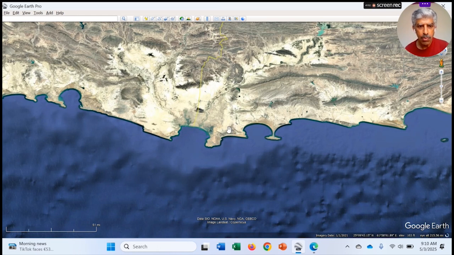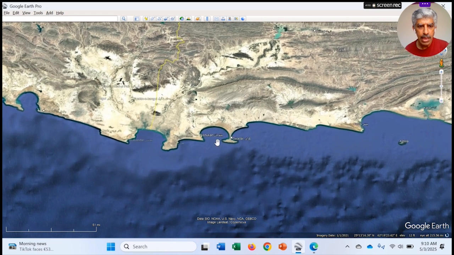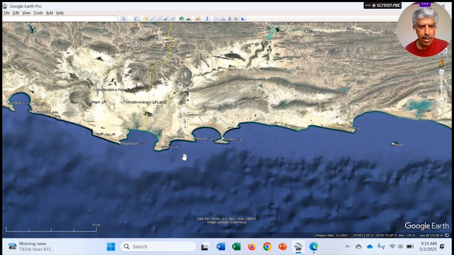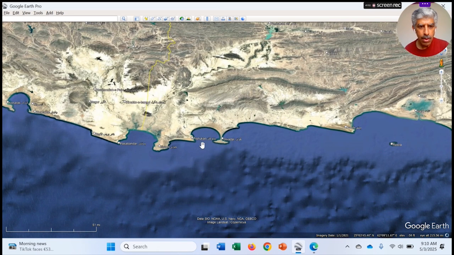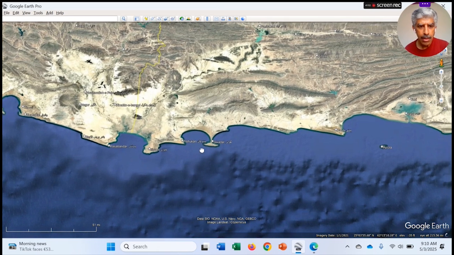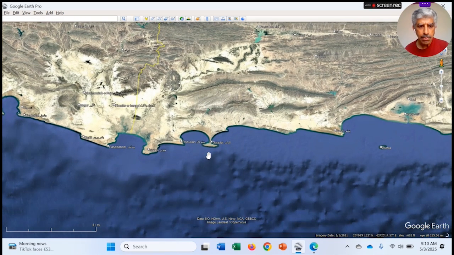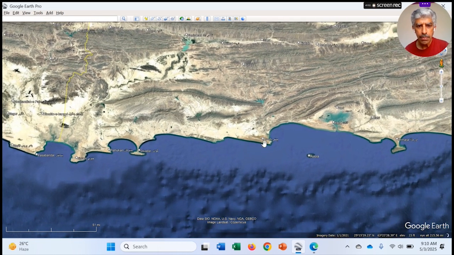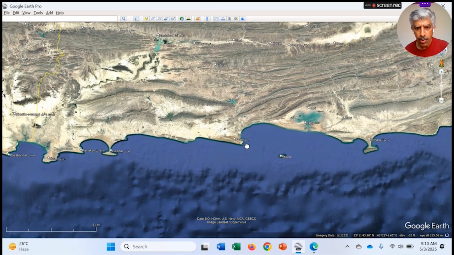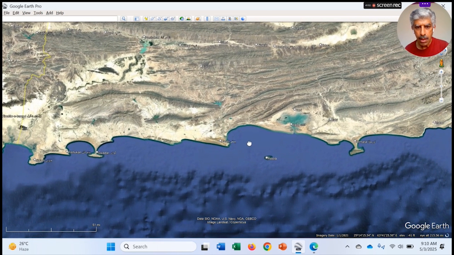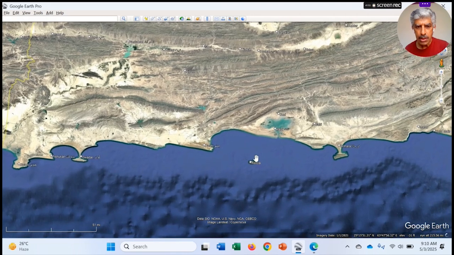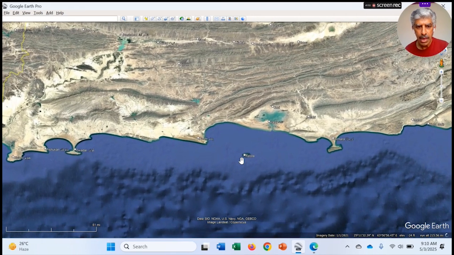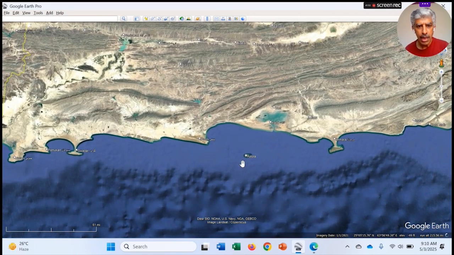If we move further eastwards, we see some other towns, Pishukan, and then here comes Gwadar, and then another very important town, Pasni. If we move further, you can see a small island Pakistan owns, Astola, in the Arabian Sea.